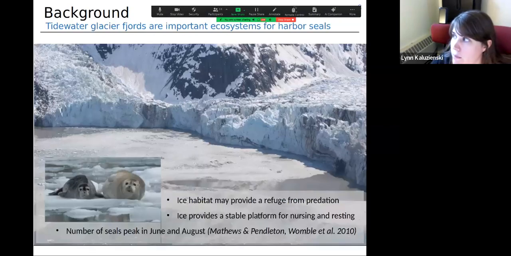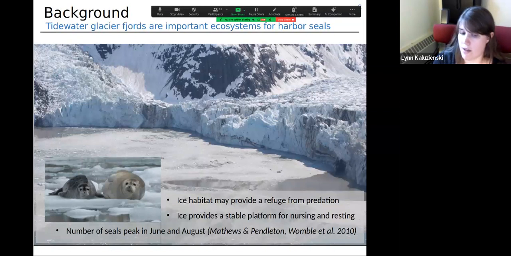Okay, so tidewater glaciers are important ecosystems for harbor seals. In one way, ice provides a stable platform for seals when they nurse and rest. So seals often choose fjords as their main place in June and August.